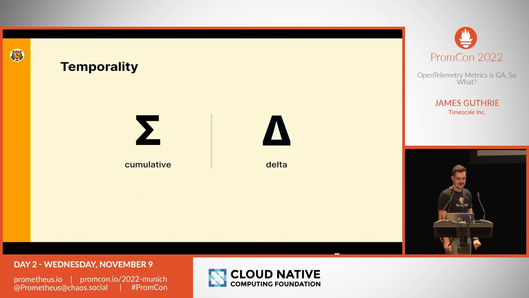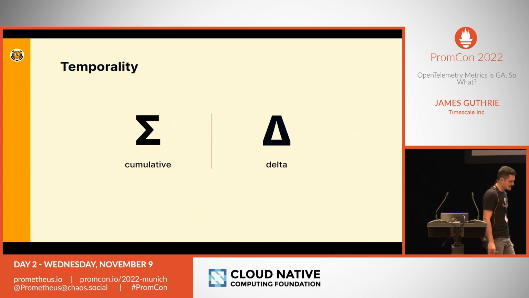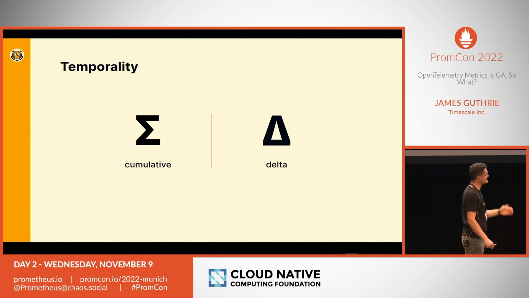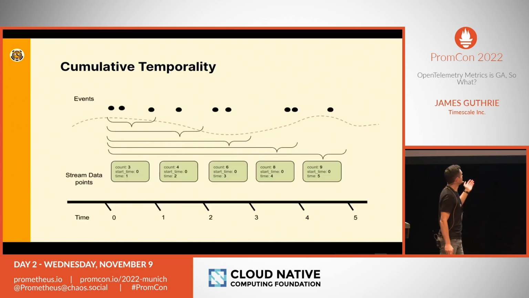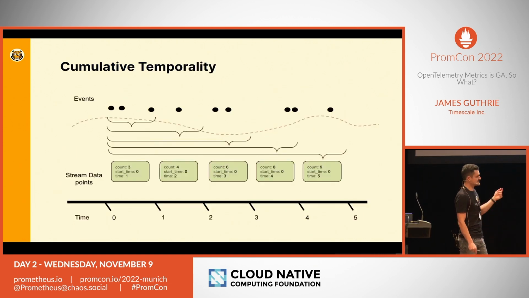Next is temporality. So OpenTelemetry Metrics knows about cumulative and delta temporality. Now, these are kind of complicated names. Cumulative is basically what Prometheus does today, which is you start counting, or keeping track of metrics. And as time goes by, you just keep on adding data that you collected.